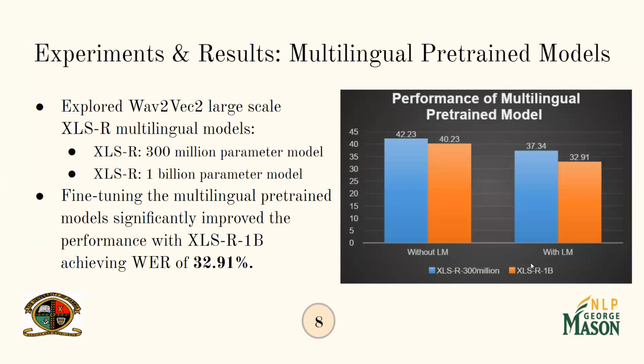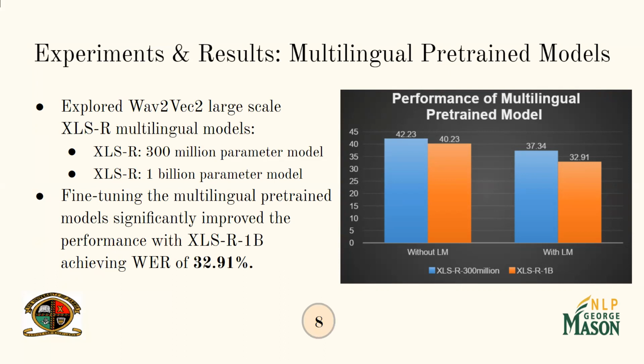Lastly, we considered fine-tuning multilingual pre-trained models on the complete BembaSpeech. For this, we considered the self-supervised wav2vec-based large cross-lingual speech recognition models, the 300 million and 1 billion parameter models.